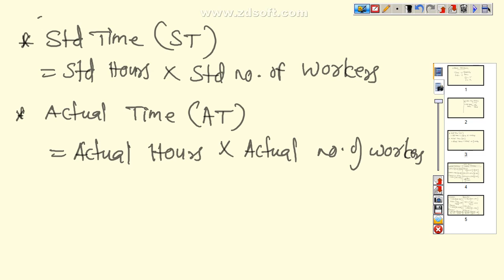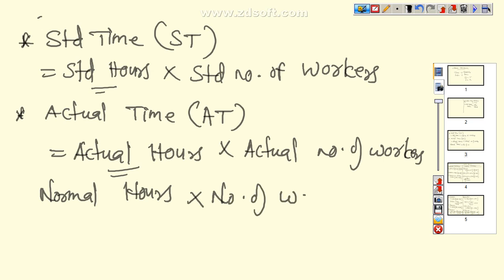Sometimes standard hours and actual hours both are not given, only normal hours is given. In both cases we multiply the normal hours by the number of workers. So for standard time, normal hours multiplied by standard number of workers. For actual time, normal hours multiplied by actual number of workers, if the standard hours and actual hours are not directly given.